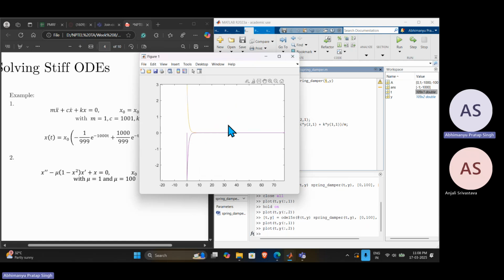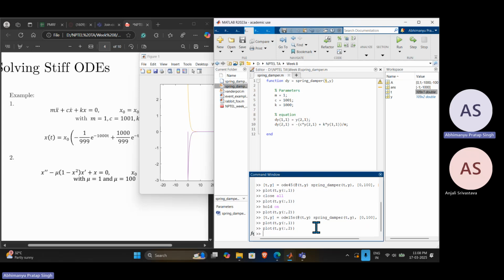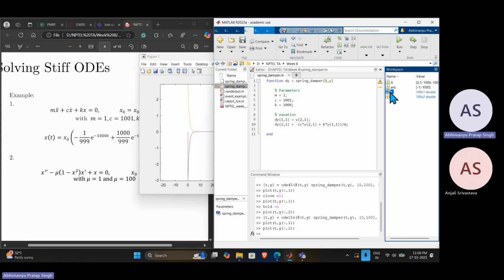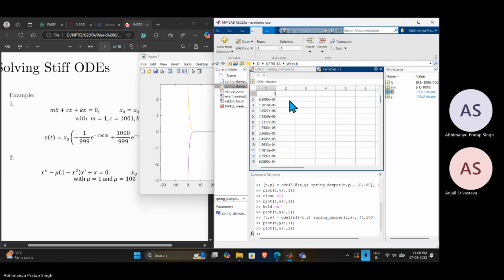Both the plots are overlapping one another, but we get the same result in a very small number of time steps. The program also runs very fast, right? If I look at the time duration between steps, initially it's in the range of 10 to the power -7.